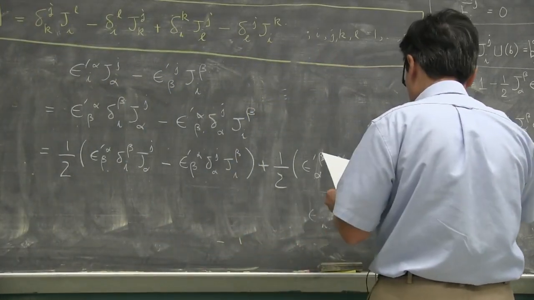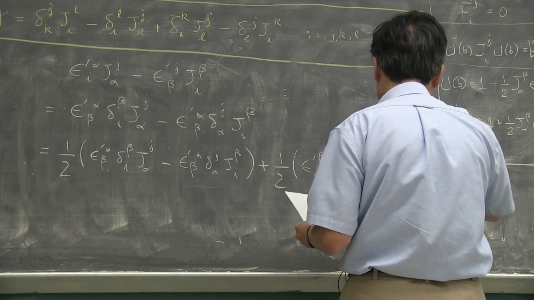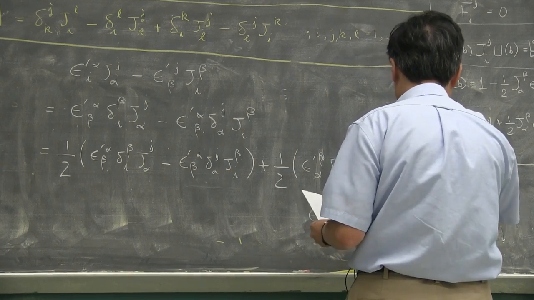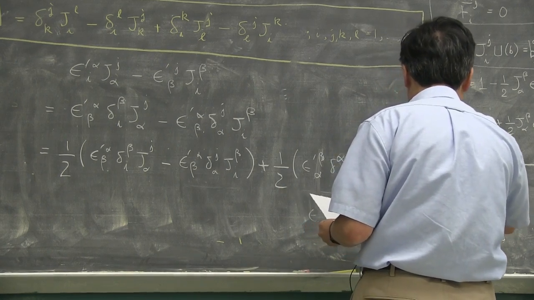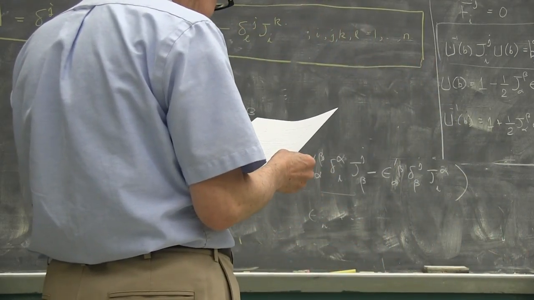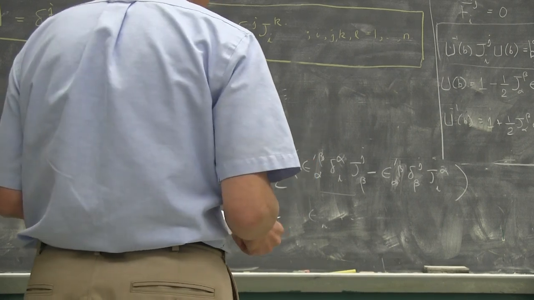Do the same thing for this one in here. And interchanging alpha and beta, I have alpha beta. Alpha becomes a beta. Beta becomes an alpha. No different. Why do I do that?